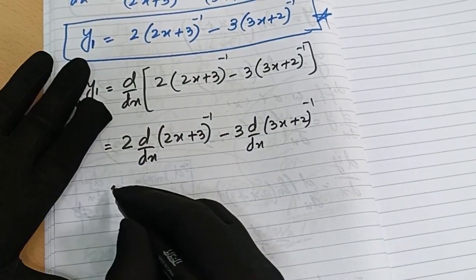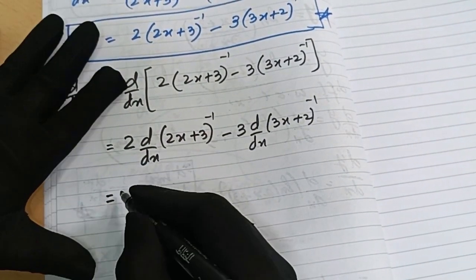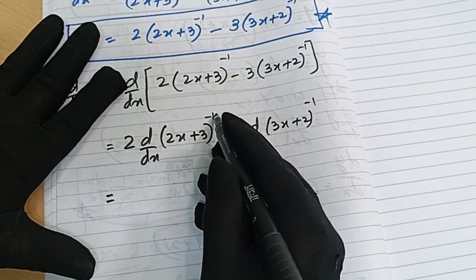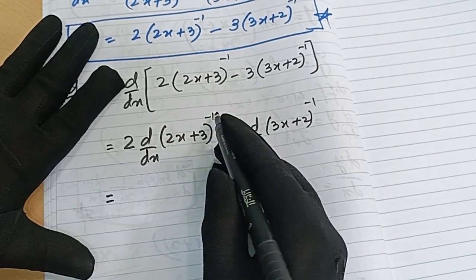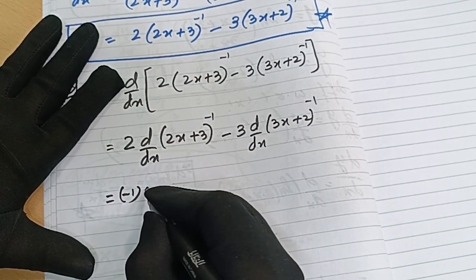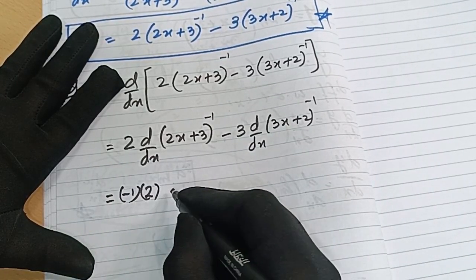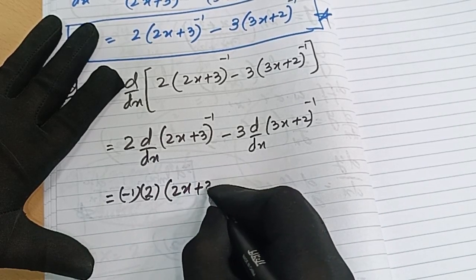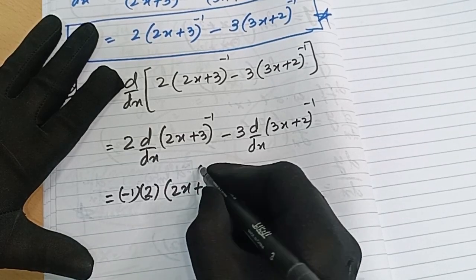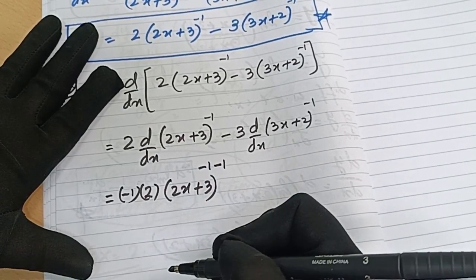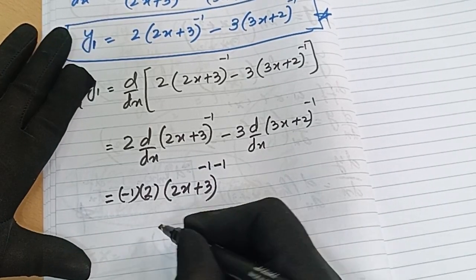Okay, here on this step, now I will apply the power rule. I told you that the power will be multiplied at the start. Okay, so minus 1 is coming here with 2, which is the coefficient, and the power is reduced by 1. Minus 1, because it's a negative number, so I will write it in detail.